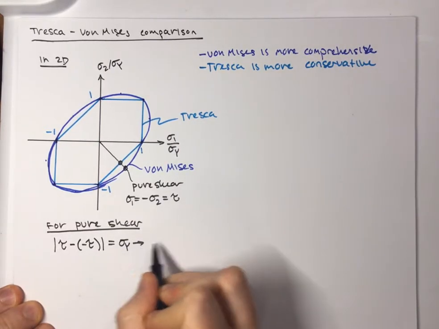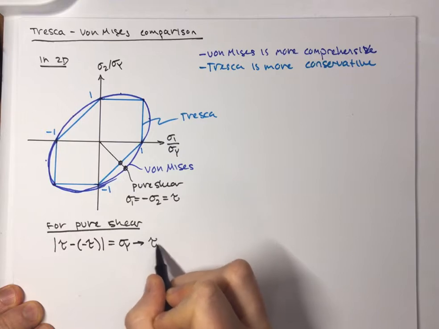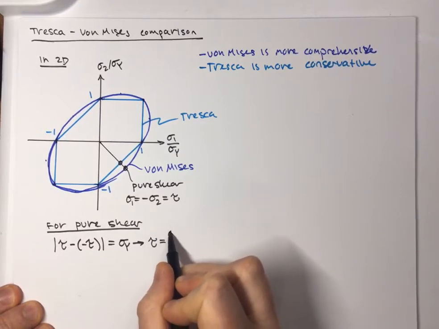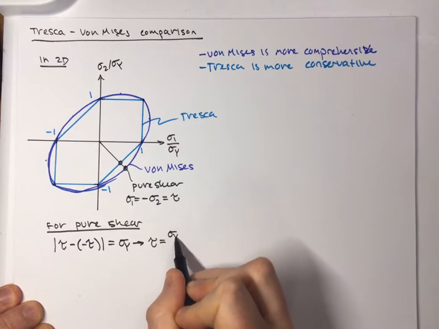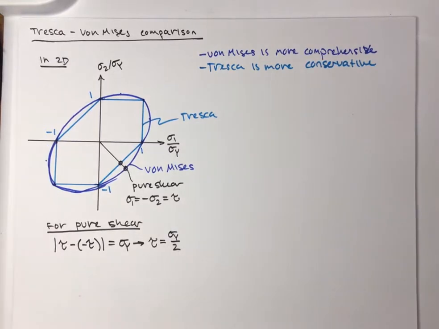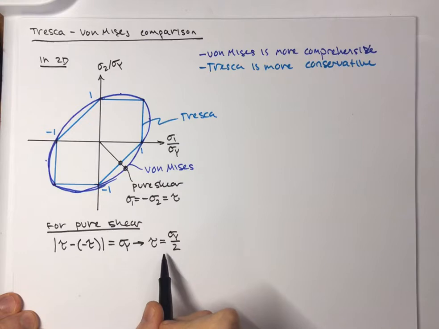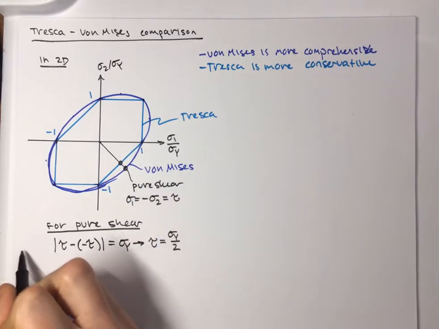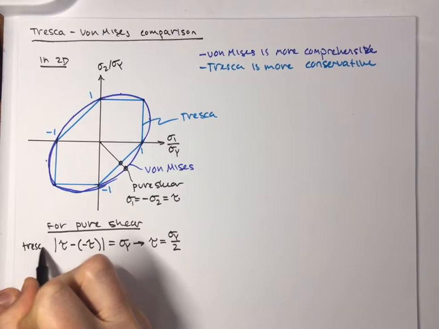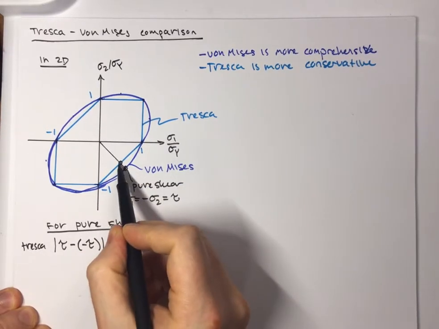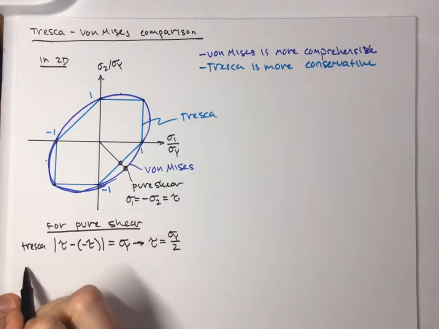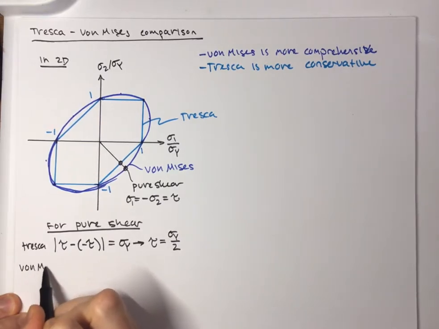So that would tell us that the limit on tau, so that would be tau y, is going to be equal to sigma y over 2. So that would be for our Tresca. This is our Tresca. And you can see that's this point right here. It's halfway. The other one that we're going to look at is von Mises.